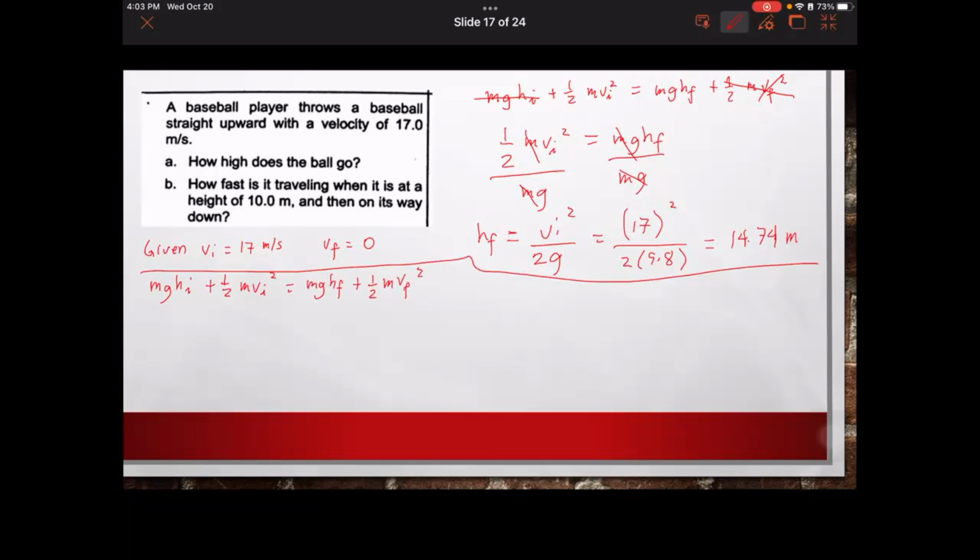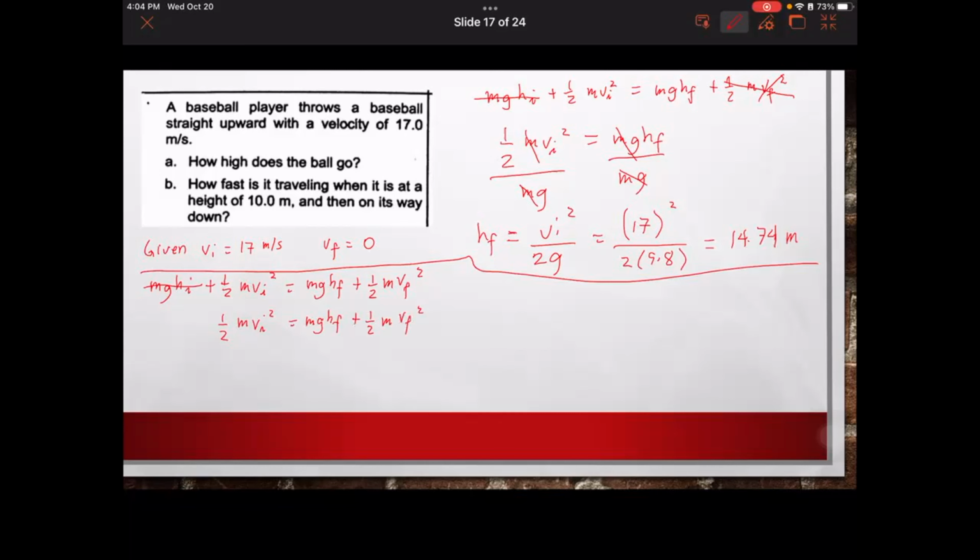Now, in this case, again, wala tayong initial height. So cancel out yan. Ang natira natin ay 1/2 mvi squared is equal to mghf plus 1/2 mvf squared.